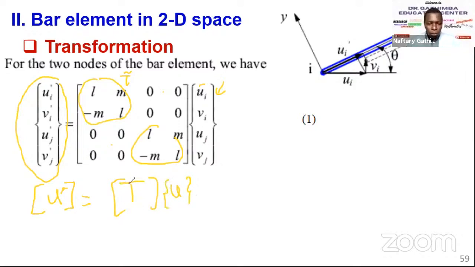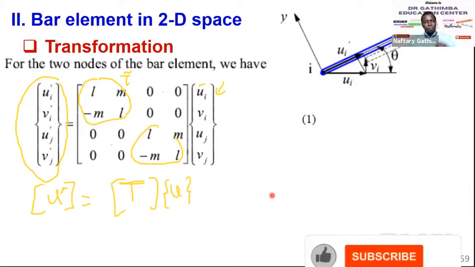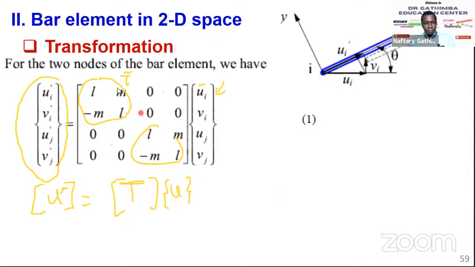Now, for the whole element, we have removed the tilde, the mark that we were putting up here. So that's how we transform from local coordinate system to global coordinate system. We have been able to transform the nodal displacement.